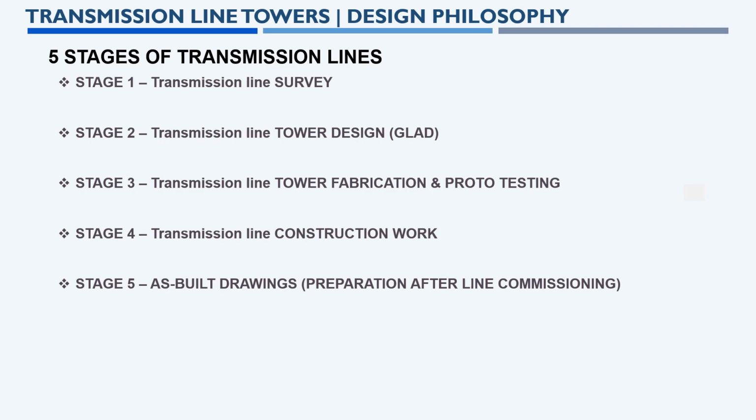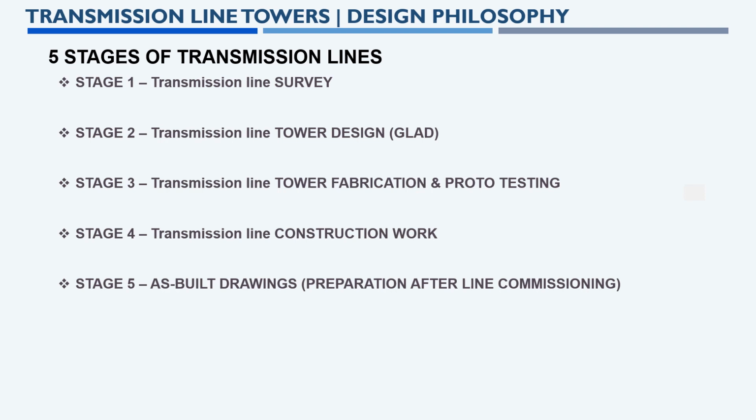Stages of transmission lines: there are 5 stages we need to go through for transmission line towers. The first stage is the transmission line survey. In this survey, the entire route of the transmission line is identified by various survey methods, for example analyzing the purpose, obstacles, responsible factors and logistic routing.